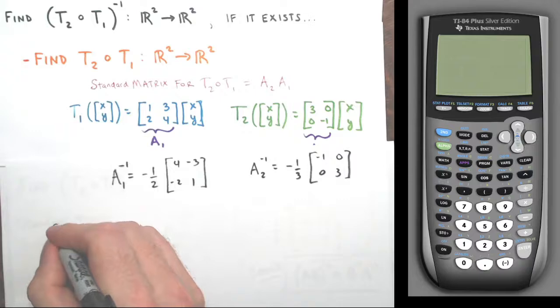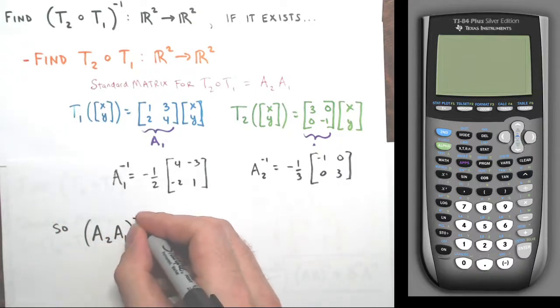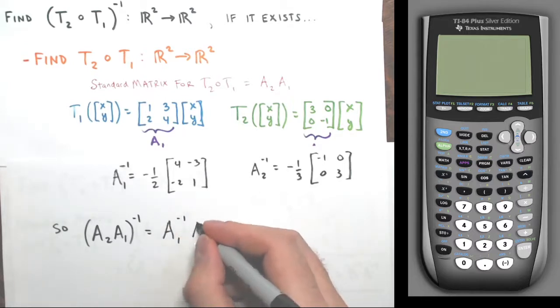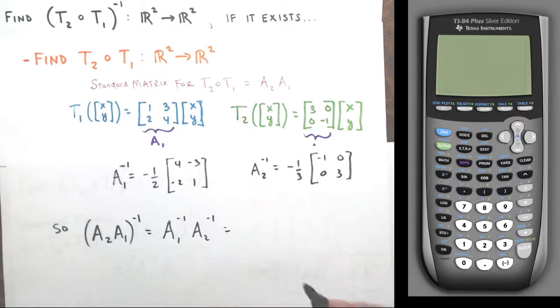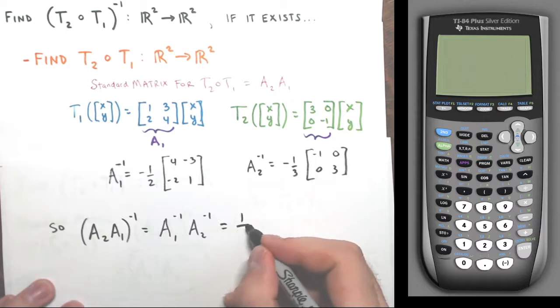So again, A2 times A1 inverse will be equal to A1 inverse times A2 inverse. If I multiply both of these, the scalars outside, -1/2 times -1/3, give +1/6.